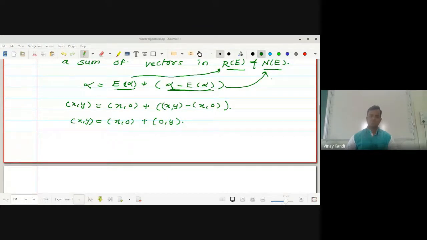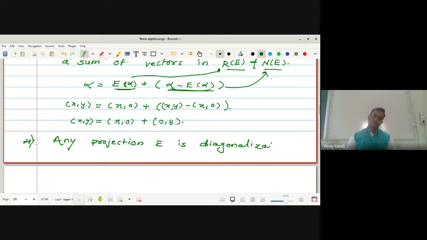So any vector belongs to R3 we can write in the form of sum of vectors in R of E and N of E. Okay, and the fourth note is: any projection E is diagonalizable. Okay, so any projection E is diagonalizable.